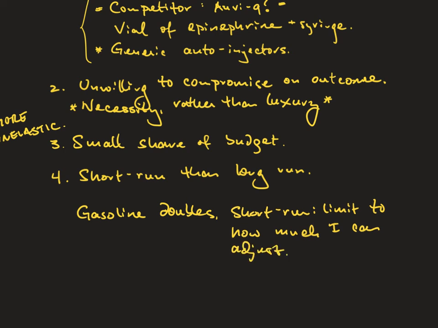I still need to drive my car to work. Same distance to get to work, same number of days of the week that I'm on campus. I can maybe consolidate some of my errands, and maybe I can go on vacation a little bit less. All of these examples are pre-COVID. But there's a limit to how much I can adjust my gasoline consumption in the short run.